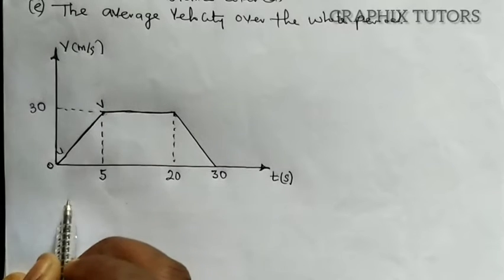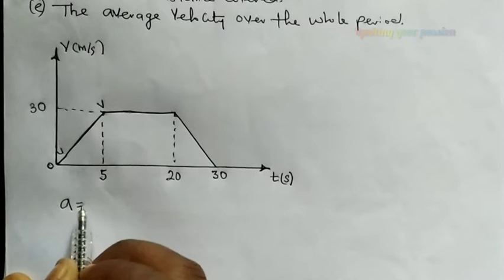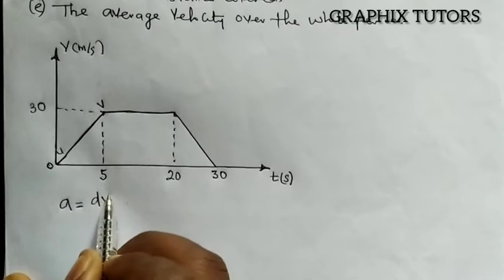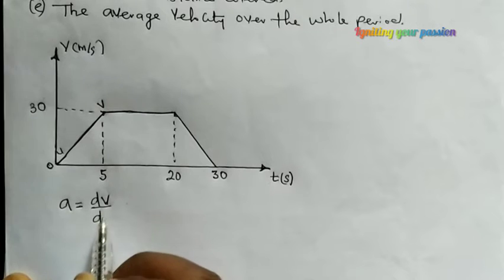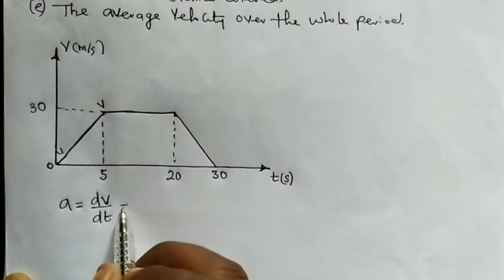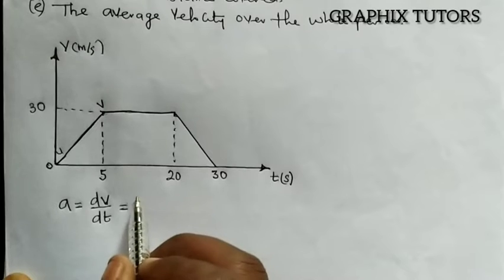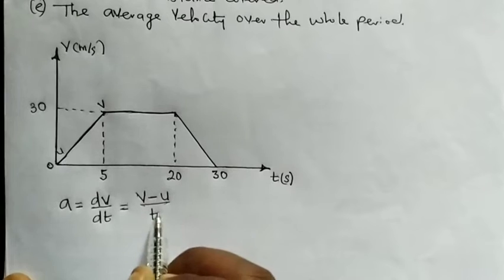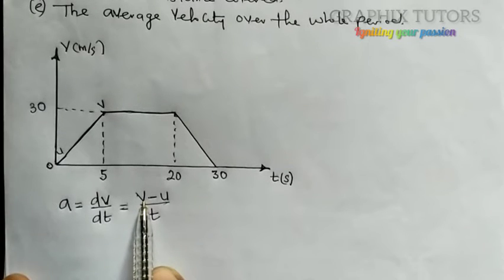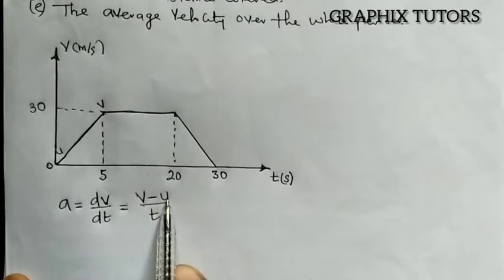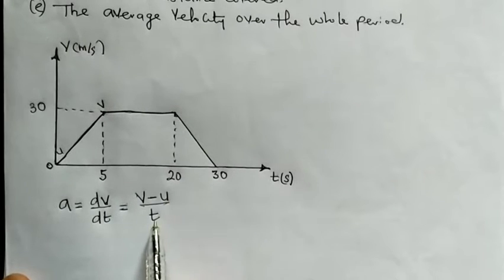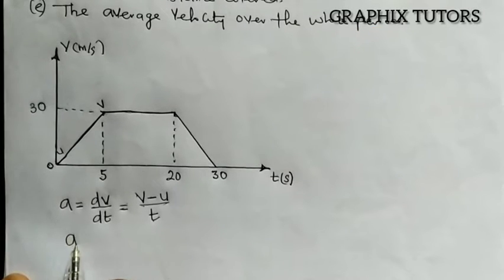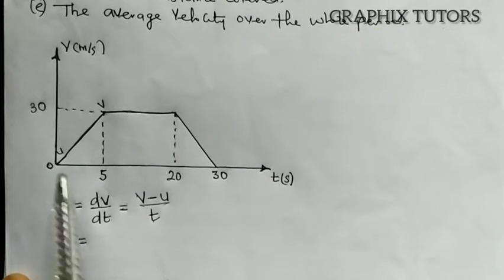So it means that my acceleration is equal to the change in velocity, v, over t, which is the same thing as saying v minus u all over t, where we know our v is the final velocity, our u is the initial velocity, and our t is the time. So what we simply do here, we will now say that my acceleration will now give me v.